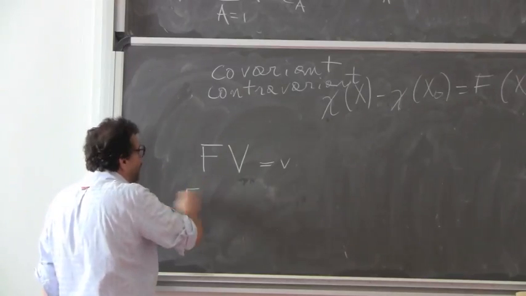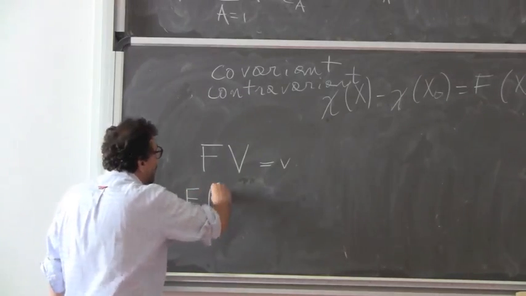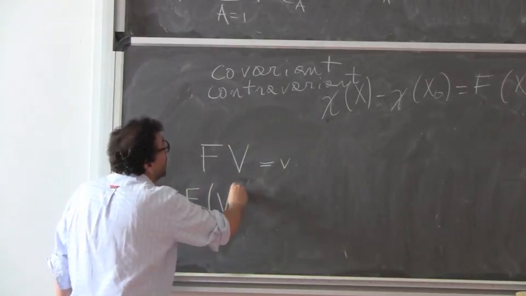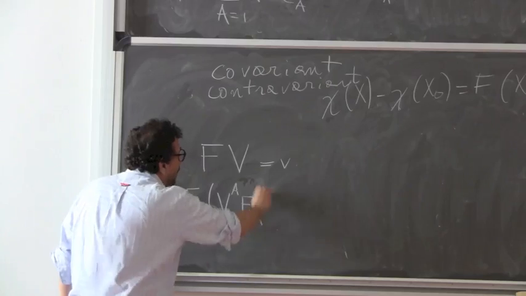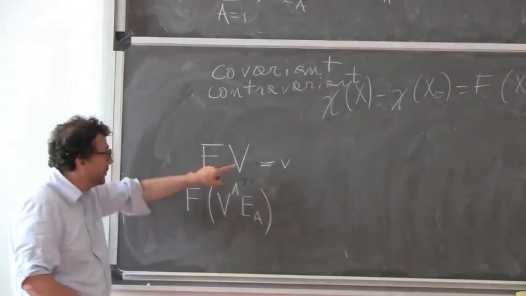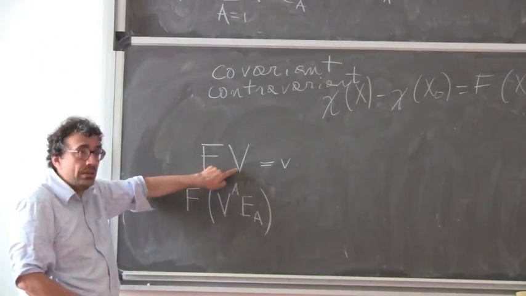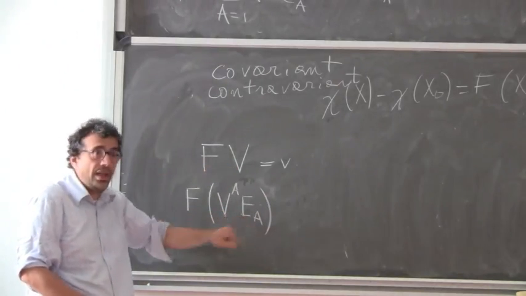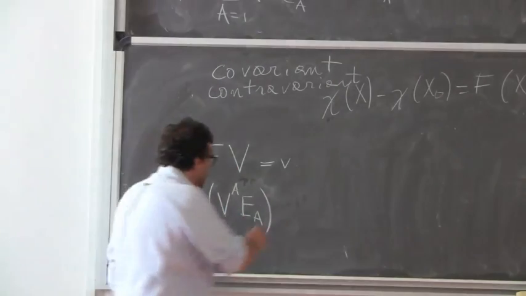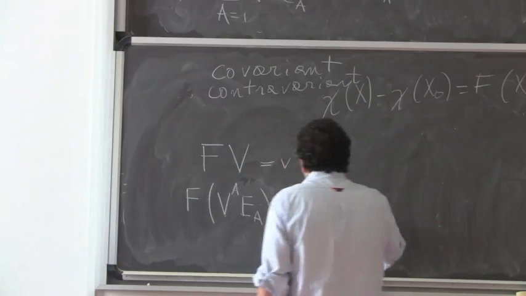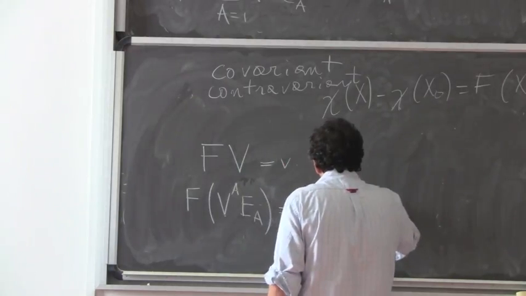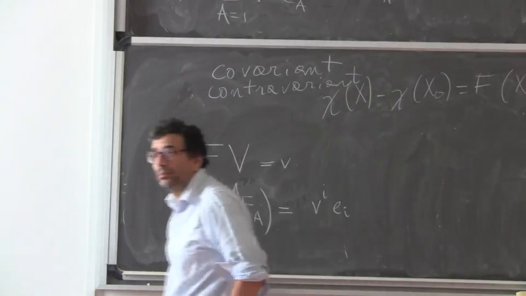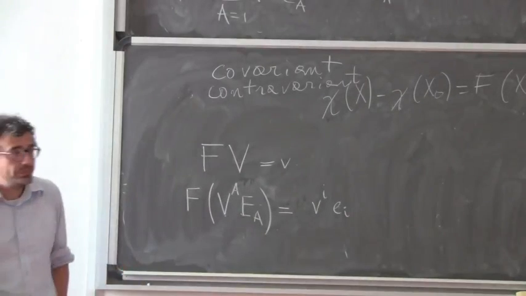You apply F to V^A E_A, which is the representation of V in the basis E_A, and then you write this as V^I E_I.